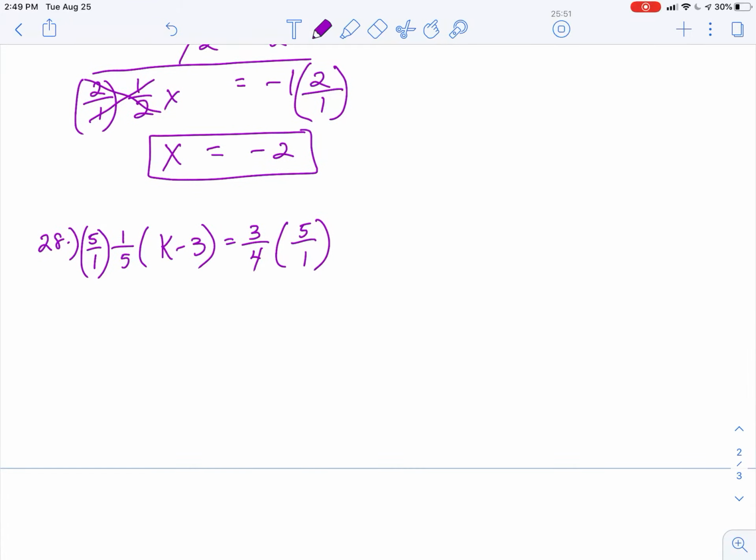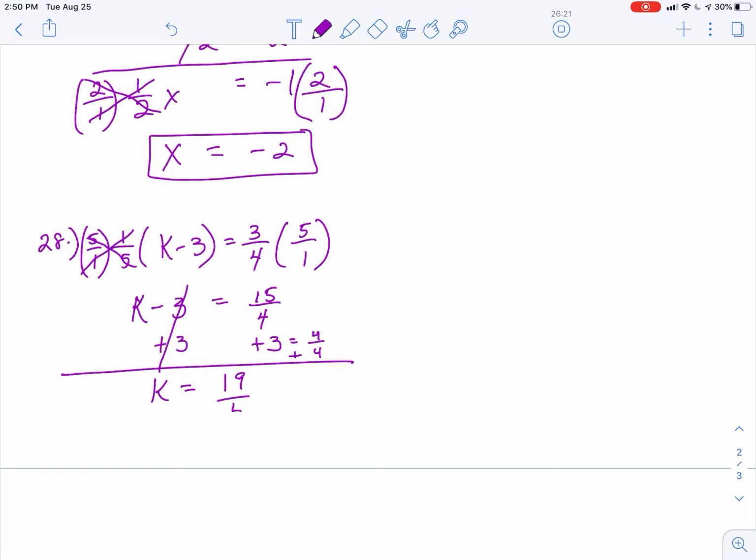So we have, this is going to isolate my fraction, or get rid of it rather, eliminate it, not isolate it. I'm getting sleepy here, I think. All right, so I have k minus 3 equals 15/4. Okay, now I'm going to add 3 to both sides. And I'm going to end up with k equals, and I'm going to right here make this 4/4. So I would have 19/4.